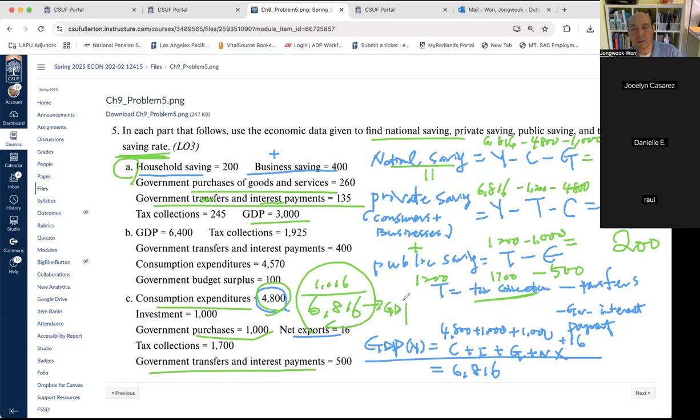Oh yeah, national income. Your savings rate is saving divided by your income. So this is national saving divided by national income. That's the national savings rate.